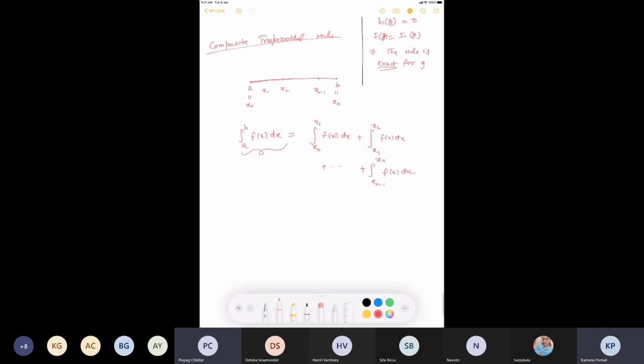On the right hand side, I have the integrals over the subintervals. Now here I'm going to approximate f(x) by the P1 polynomial and then simplify things. The formula which we will get is called the composite rule.